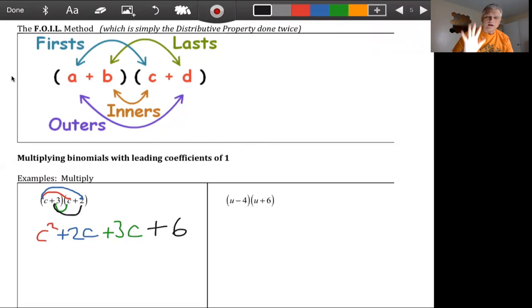Okay, all right. Now, I'm not finished with this question, but what you just did with me right there, that's called foiling. Foiling, F-O-I-L.